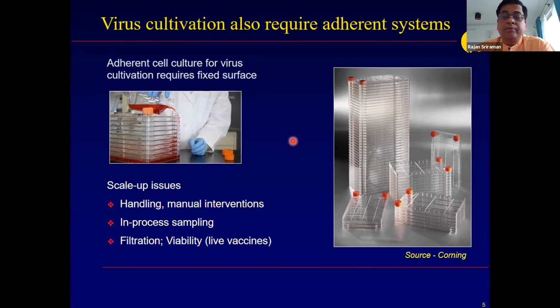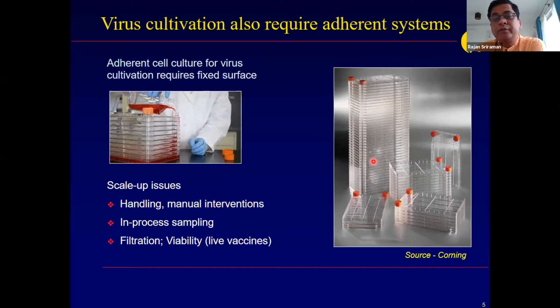Although this picture looks small, trust me, this is about 4.5 to 5 feet tall. So if you are handling live viruses in this kind of a container, you are exposing yourself to a huge risk. So there is a difficulty in manual intervention.